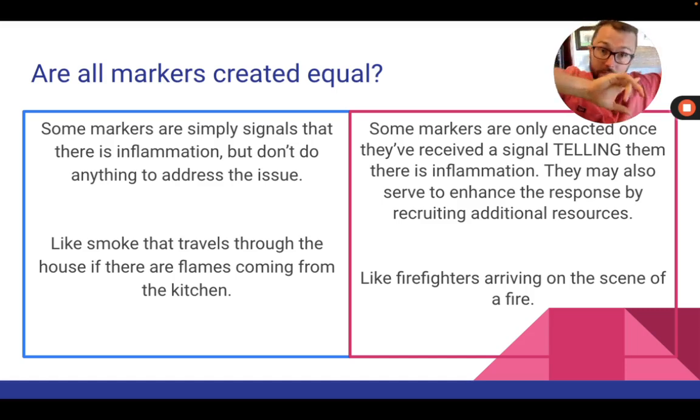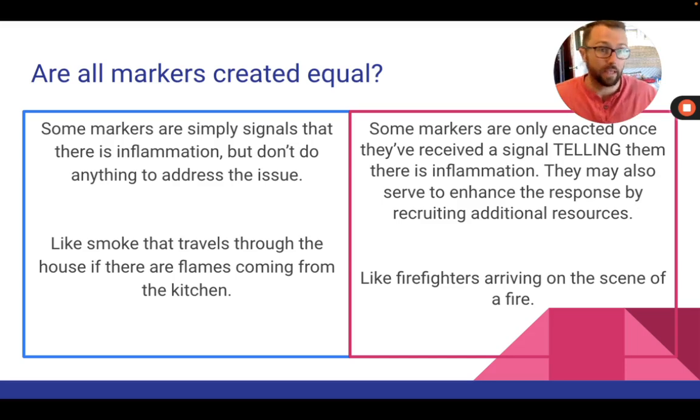On the other side, there are markers that only get enacted once they've received a signal letting them know that there's inflammation. They would have no way of knowing if there was any inflammation going on. They need an intermediate cell to say, hey, over here, get going on this.